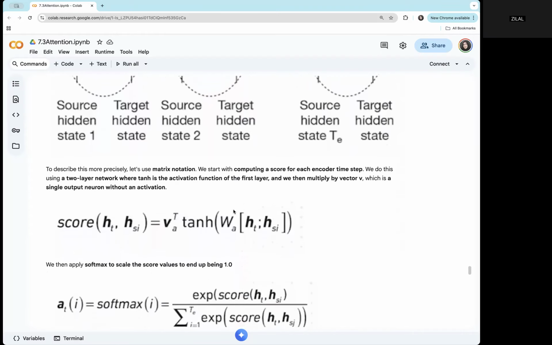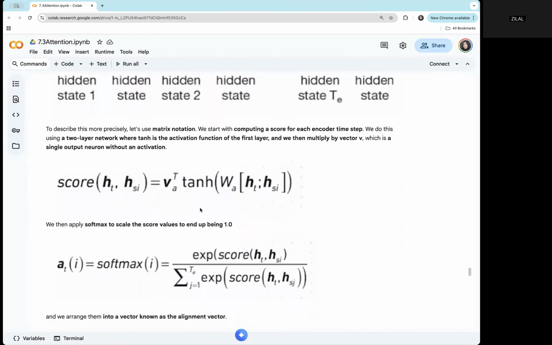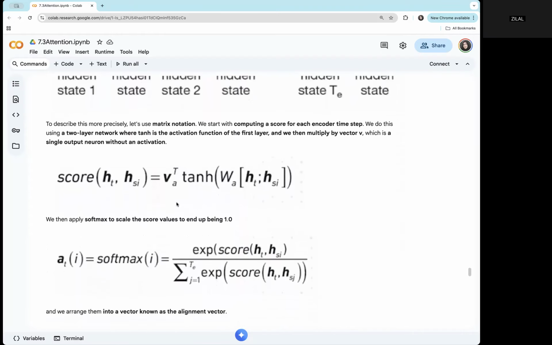To describe this more precisely, let's use matrix notation. We start with computing a score for each encoder time step. We do this using a two-layer network where tanh is the activation function of the first layer, and we then multiply by vector v, which is a single output neuron without an activation function.